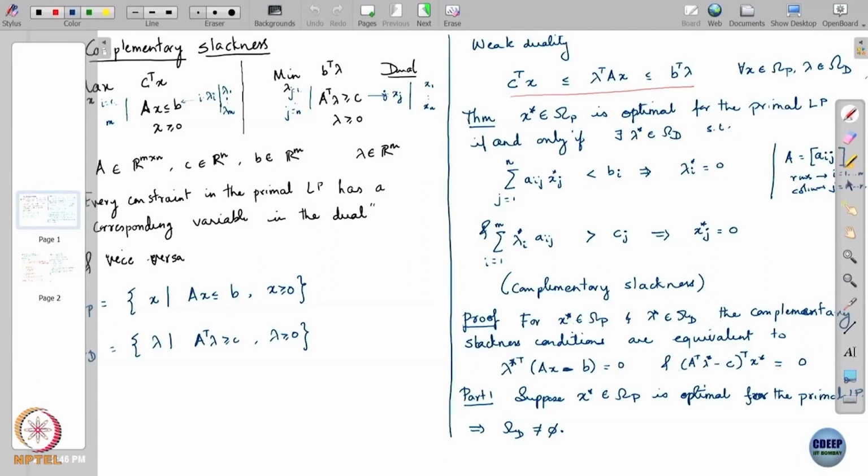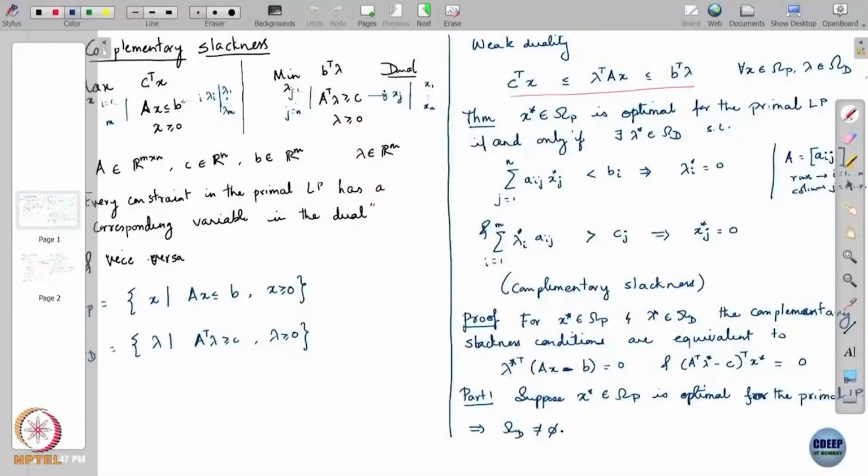So, this is where the hardness of linear programming actually creeps in. First, simply checking that x star and lambda star are feasible is a matter of checking that they satisfy a bunch of linear inequalities, and it is easy to generate solutions to linear inequalities. But for finding an optimal solution, you have to effectively end up solving some nonlinear equation, even though the original problem was just a linear problem.